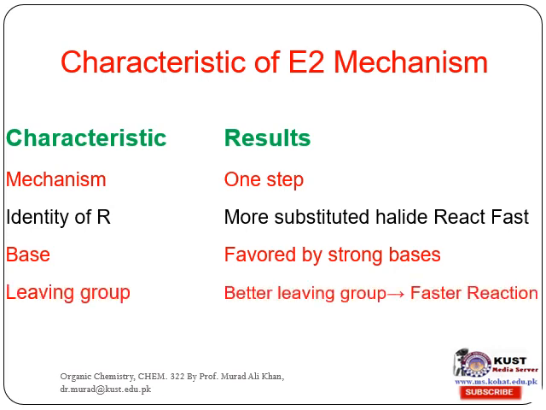Leaving group: the better the leaving group, the faster the reaction, as we have seen in the case of alkyl halides, that iodide is a better leaving group than fluoride, and the reaction is favored for the alkyl iodide as compared to the alkyl fluoride. And solvent: it is favored by polar aprotic solvents.